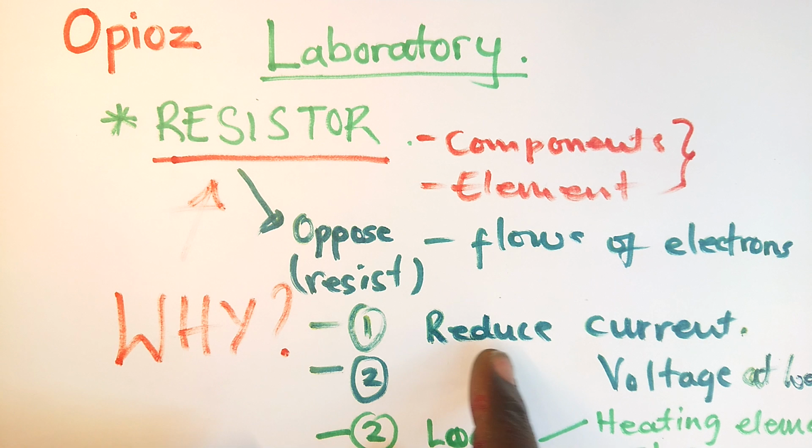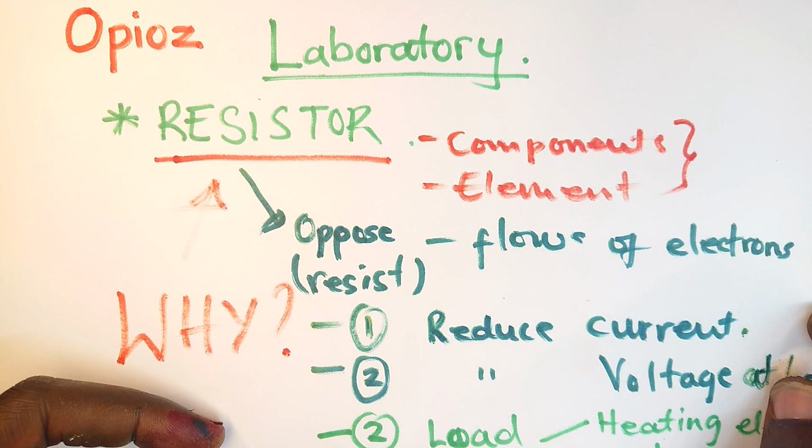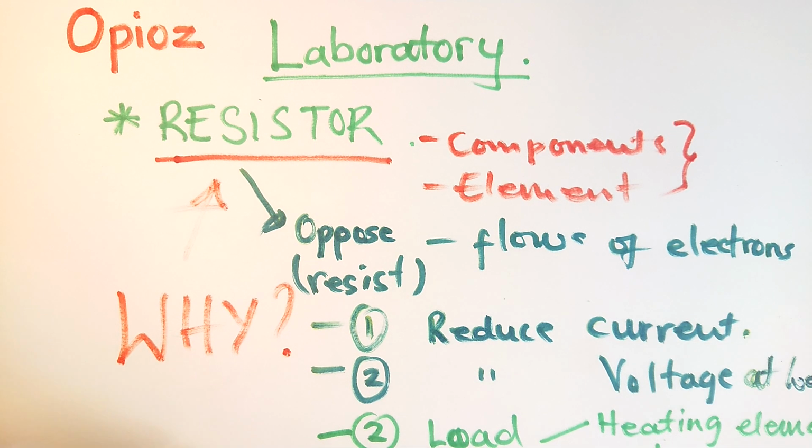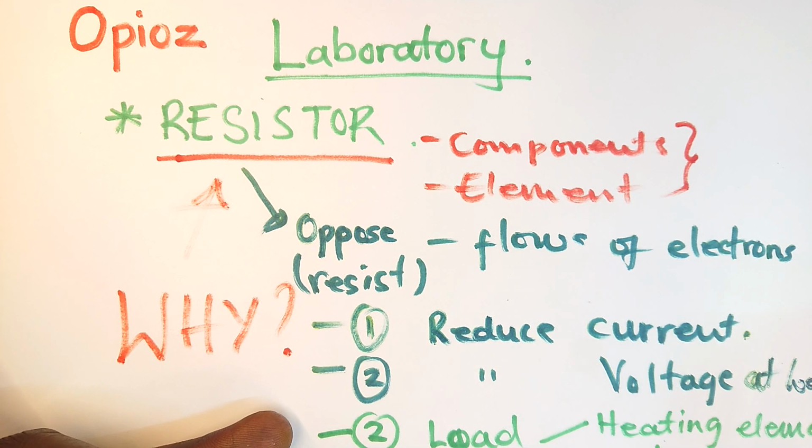Then in circuits, here it is being used to reduce current that is ending up in another load, say a bulb. Reducing voltage also is just reducing the voltage that is being applied to a load. So I think that's a third one that I had forgotten to mention.